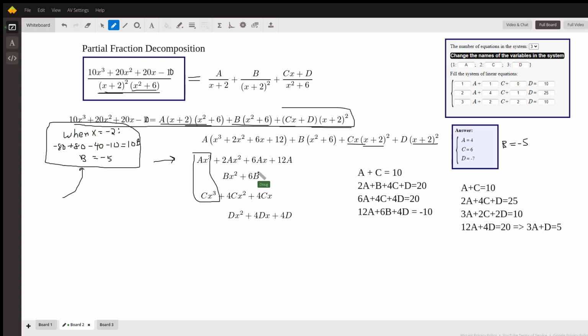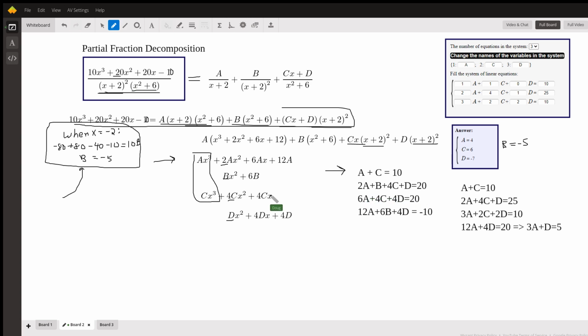That has to equal 10. So there's from the 10, coefficient of x cubed. Collect the x squareds: 2A, B, 4C, and D have to equal the coefficient of x squared, which is 20. So 2A plus B plus 4C plus D equals 20.